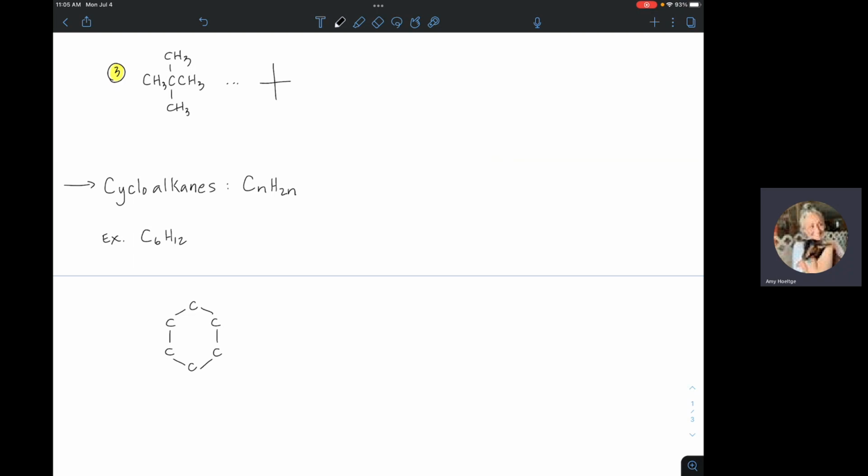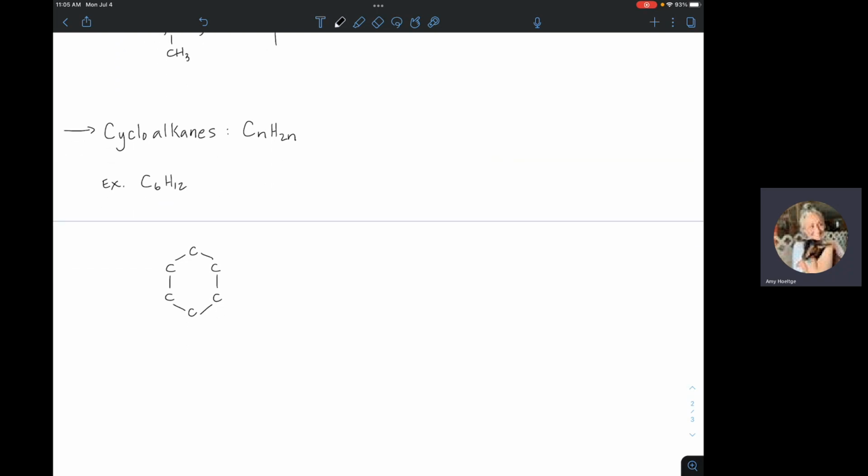So I've joined all of those carbons together in a ring. Instead of drawing out a straight chain, I have connected the 2 end carbons, and now I'm going to fully saturate these carbons with hydrogens. So I'll just draw the bonds in first, and then we'll put the little H's.